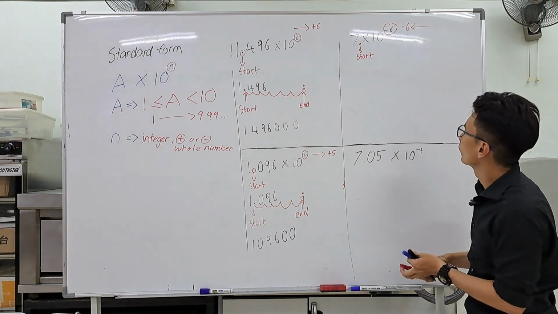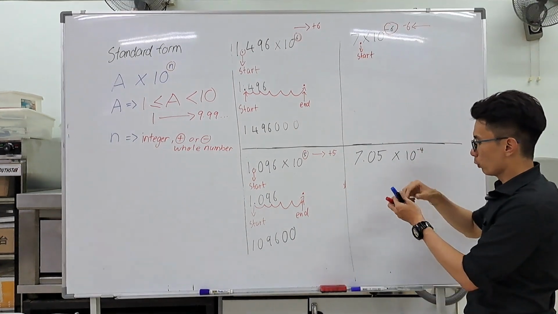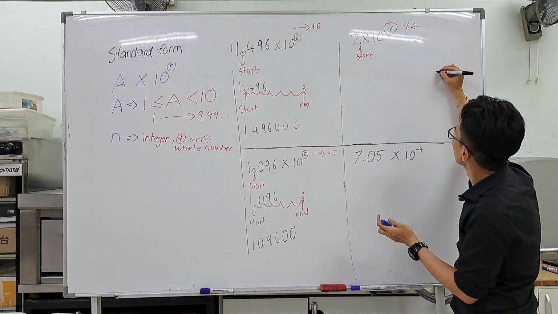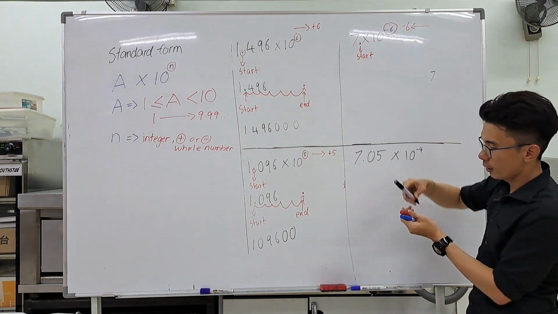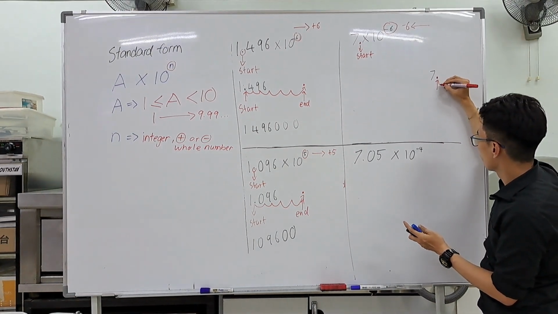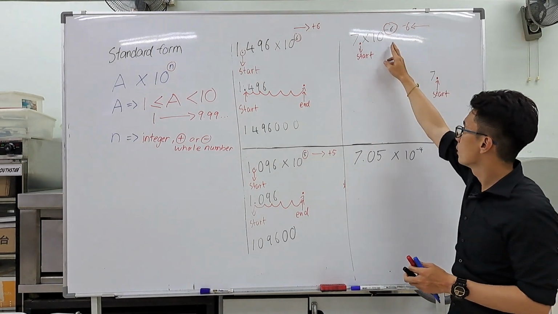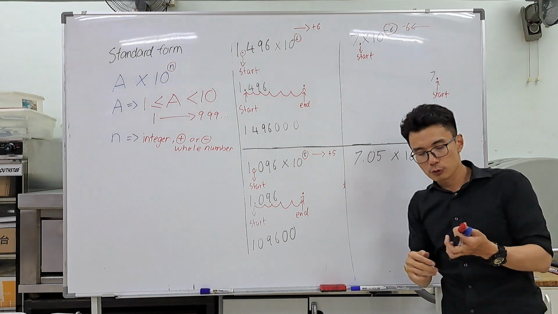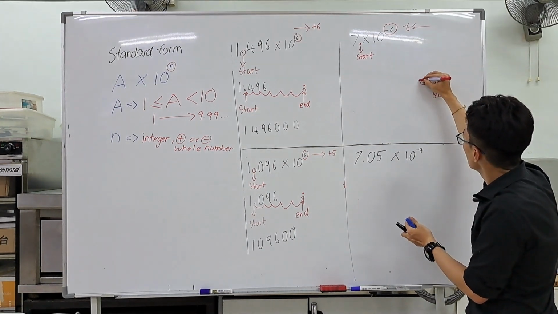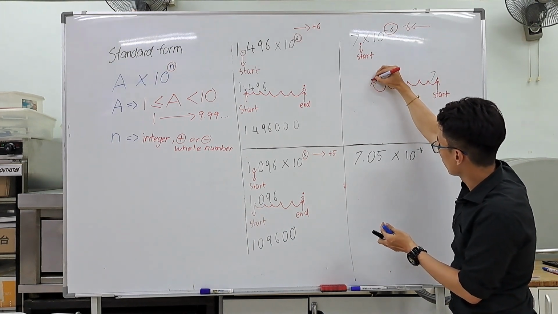Now we will put this number over here, and my decimal point is over here. That is my start, and I will be jumping 6 steps to the left. So let's go: 1, 2, 3, 4, 5, 6. I have ended up here.